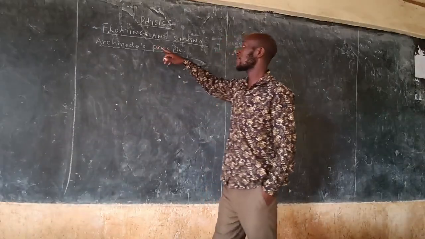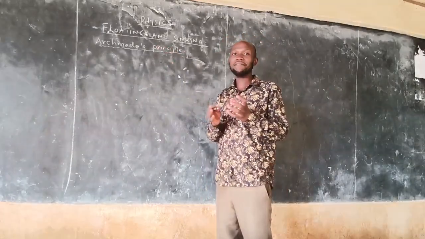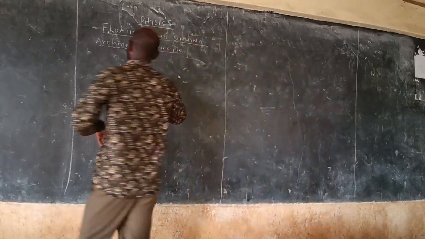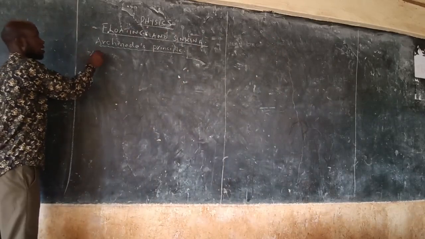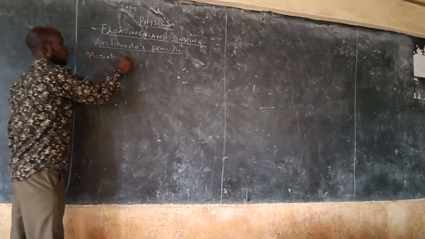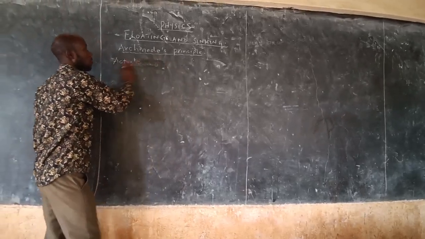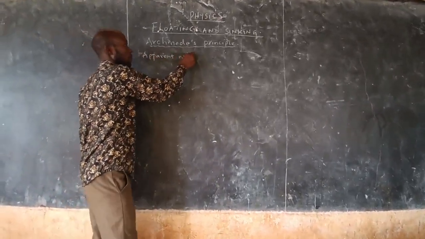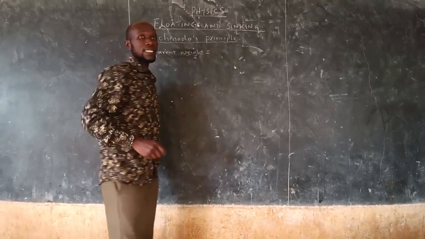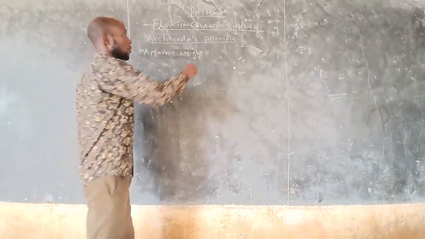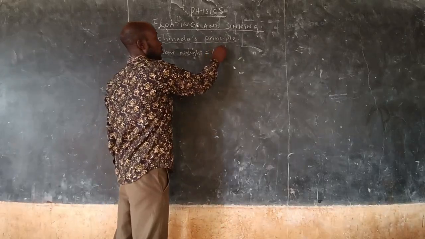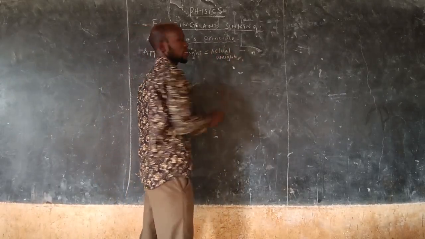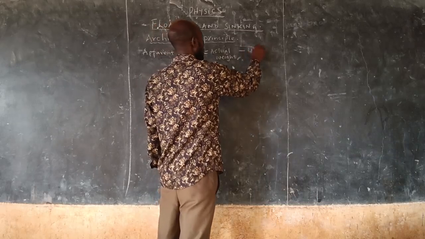Now we say that upthrust force is a force that makes objects feel lighter than they actually are. Now, the apparent weight is actually equal to the actual weight subtract upthrust.